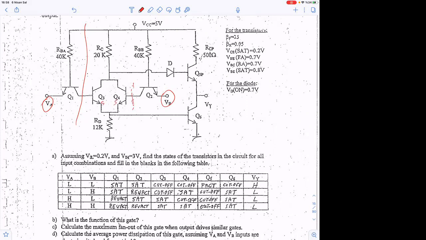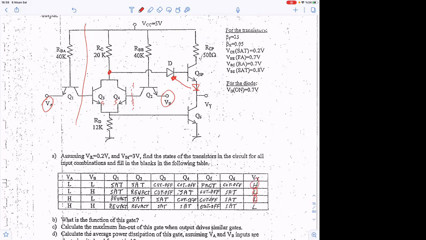On top of the splitter transistor, instead of putting the diode here, it's just moved here. So we do little tricks like this. If you understand the circuit, this is something very similar to what we did.